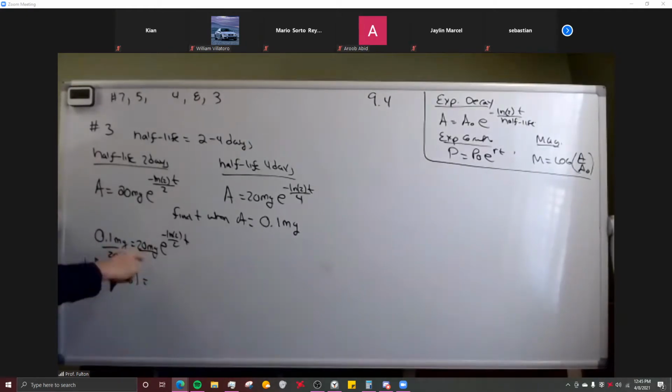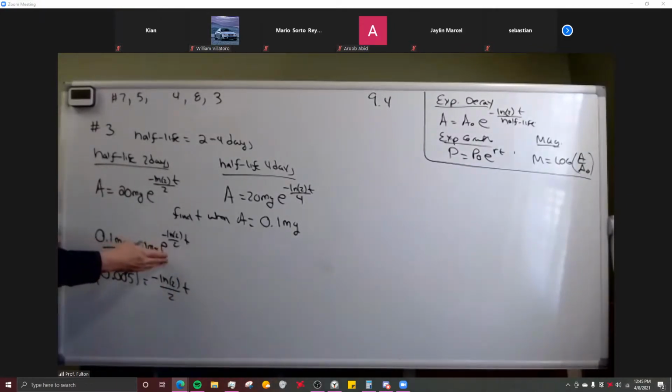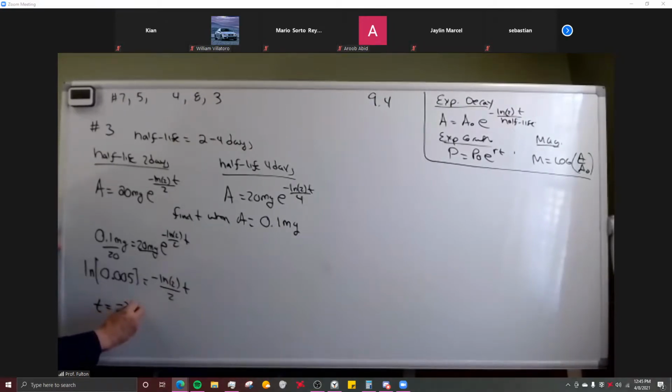This coefficient is going to be gone. I'm going to take the natural log of this. So this becomes natural log of 2 over 2 times time. By taking the natural log of an exponential, it just gives me the argument of the exponential. Then I can solve for t over here. So t is equal to minus 2 times the natural log of 0.005 over the natural log of 2.